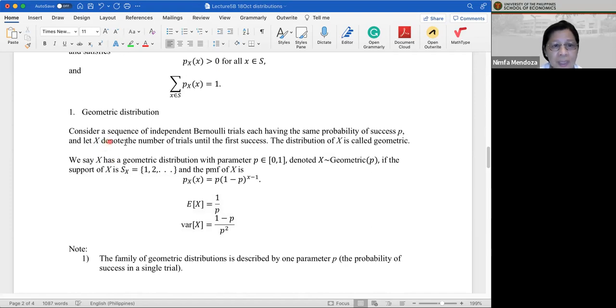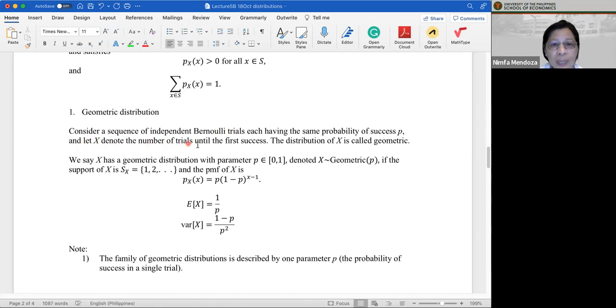So consider a sequence of independent Bernoulli trials, each having the same probability of success, p. Note that we encountered Bernoulli trials when we took the binomial random variable, which can be expressed as the sum of Bernoulli random variables.